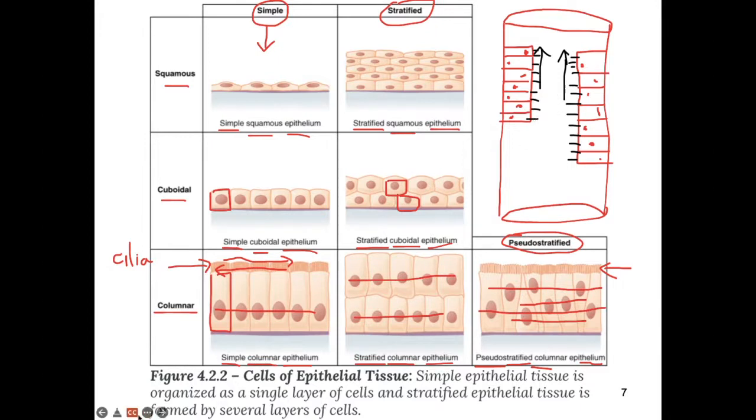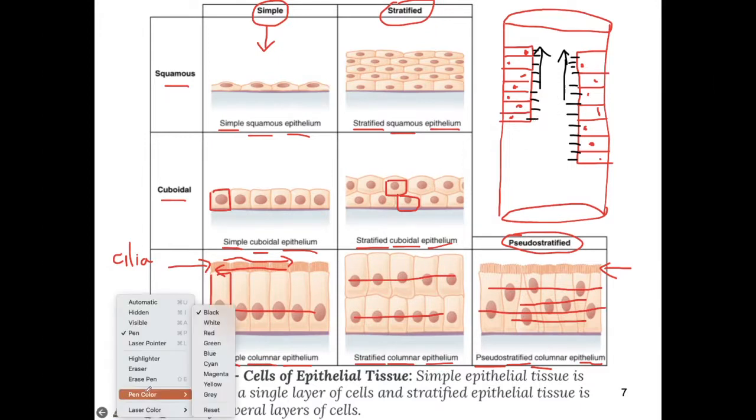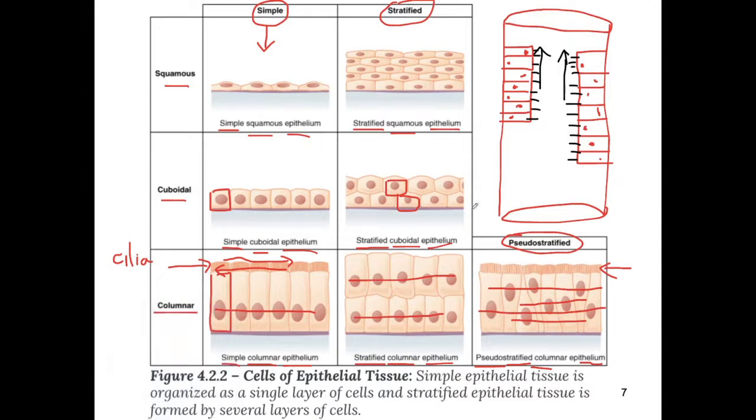And I'm going to put another important type of cell. We'll make this one green. We're going to put a green cell here, a green cell here. These green cells are called goblet cells. So G for goblet, I'm using G for green.